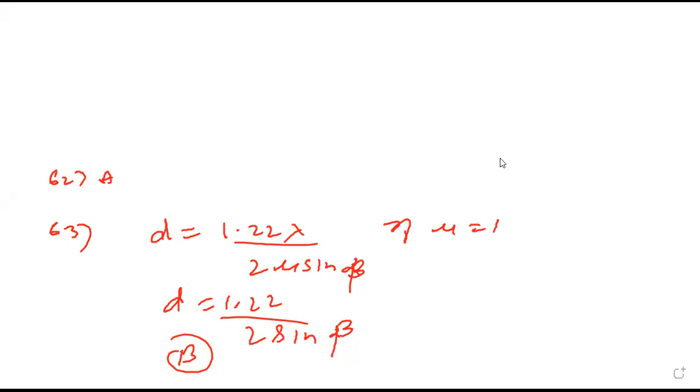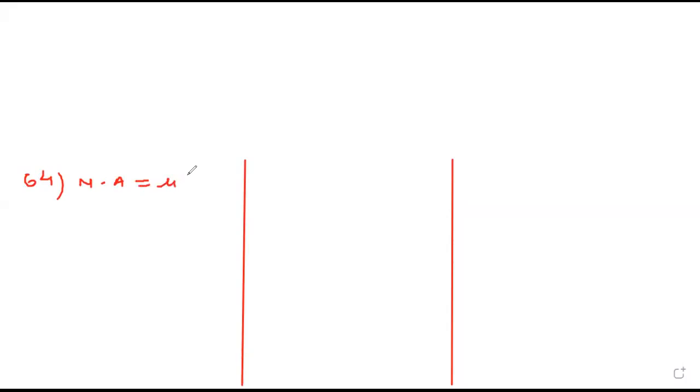64. So in fact, diffraction part is simple in calculations. Numerical aperture of an oil immersion type microscope is 1.25. Numerical aperture means that mu sin alpha together is 1.25.